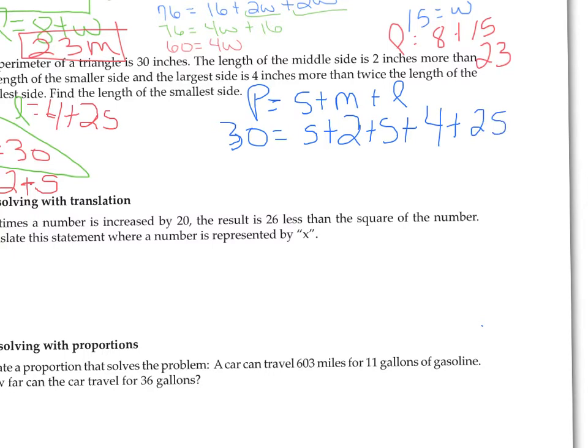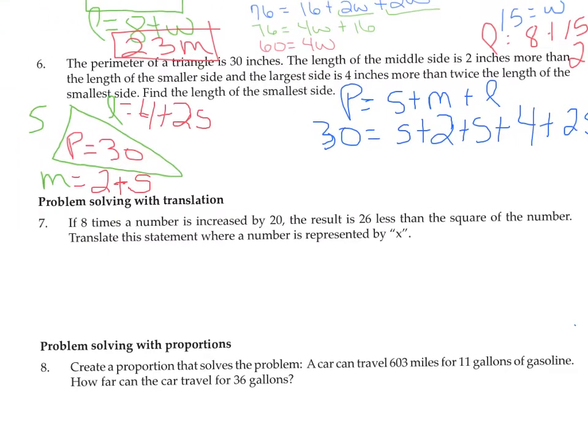Be careful to write your S's like S's and not like 5s. So 30 equals S plus 2 plus S plus 4 plus 2S. And we got all of those from this information right here.